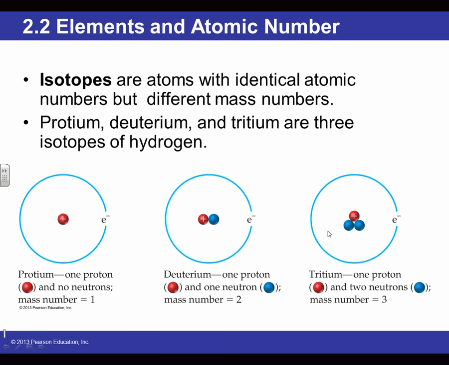One such example is protium, deuterium, and tritium, and they're all isotopes of hydrogen. They're found in relative percentages when you think about hydrogen itself, and they contribute to what hydrogen is, but all of them are similar in that they have one proton, but they have a variation in the number of neutrons.